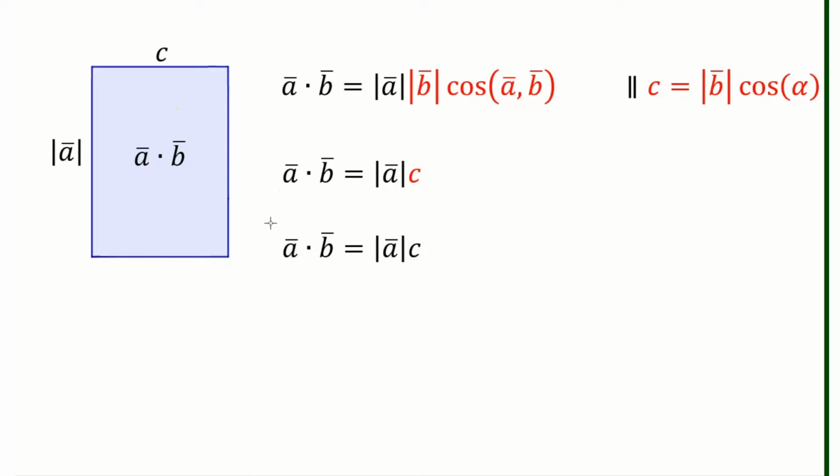Now we can see that dot product is actually just multiplication of the length of vector A with C, which was the projection of vector B on vector A. And so we get this shape here. And why I marked this here?